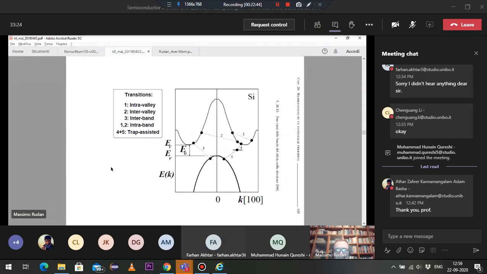It happens that in semiconductors there are only two bands that are partially filled. In the case of silicon, they are the two bands that are visible in the figure.